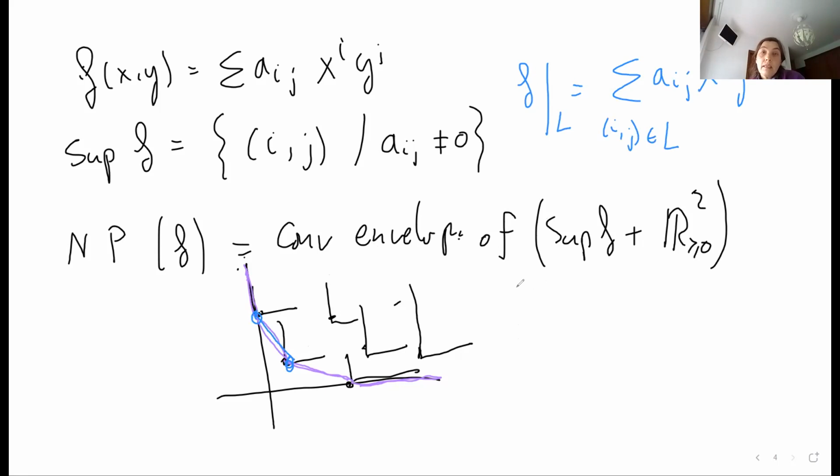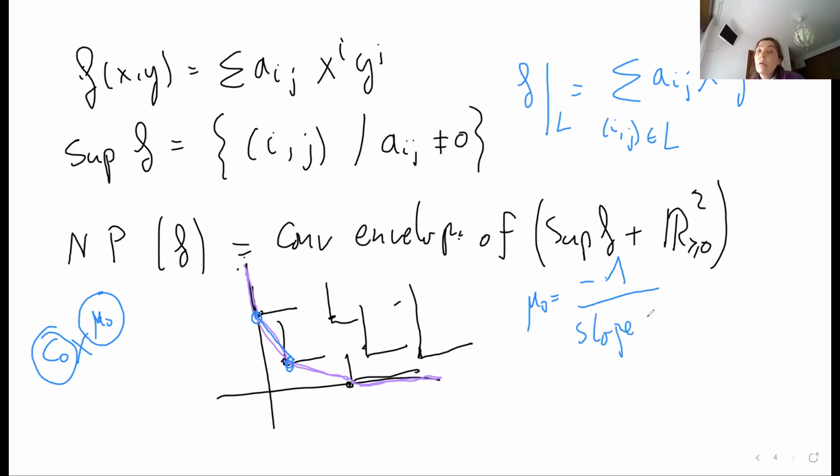We were looking for c_0 x^(mu_0), so we need to know what mu_0 and c_0 are. Mu_0 turns out to be always minus 1 over the slope of L, where L is an edge of the Newton polygon.